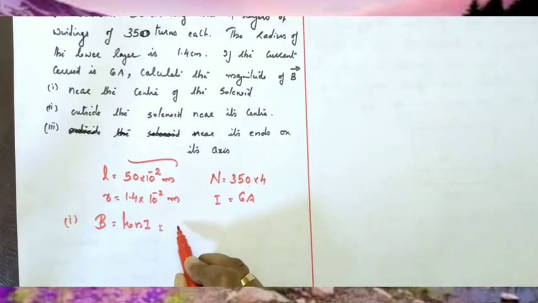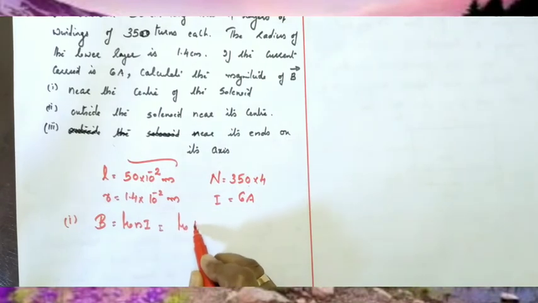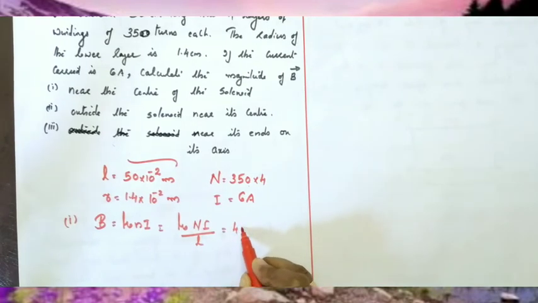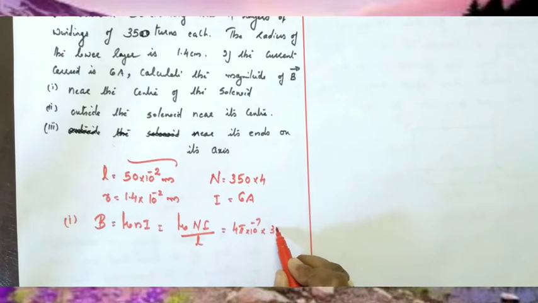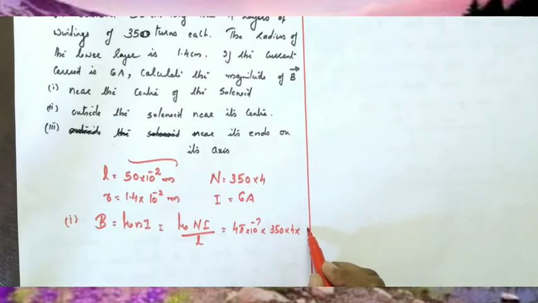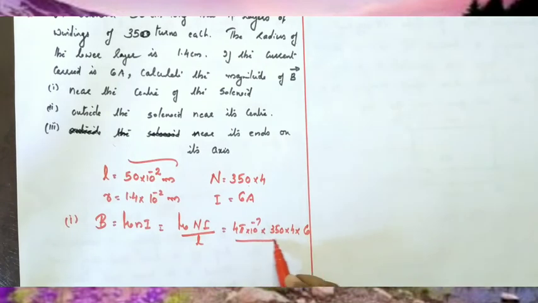So it is equal to mu 0, small n is capital N divided by l. Small n is capital N by l is equal to, we can substitute 4 pi into 10 raised to minus 7 into n. What is n? 350 into 4 into current. What is the current given? 6 divided by length.